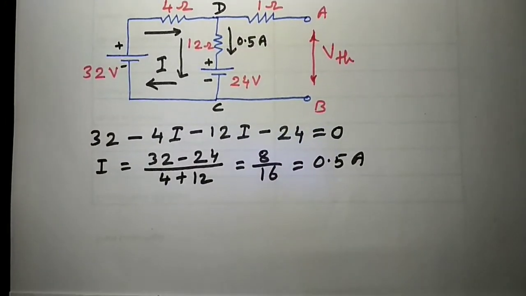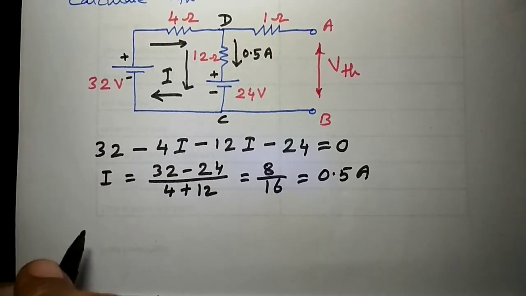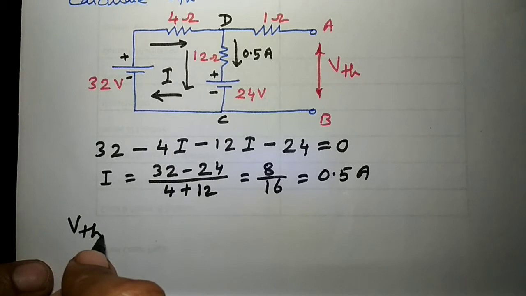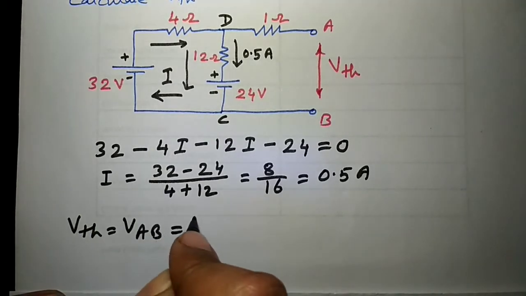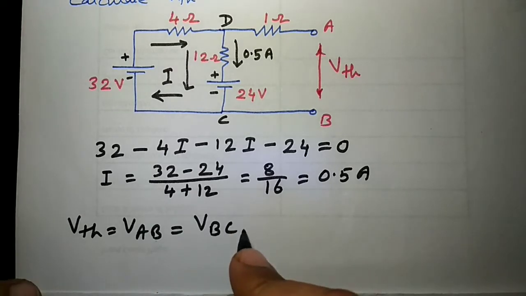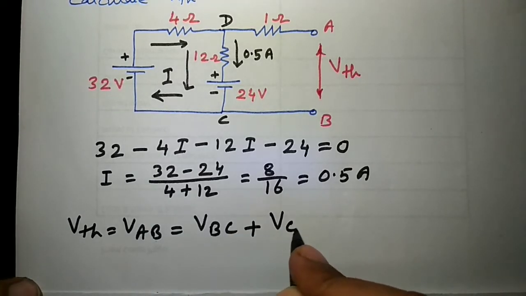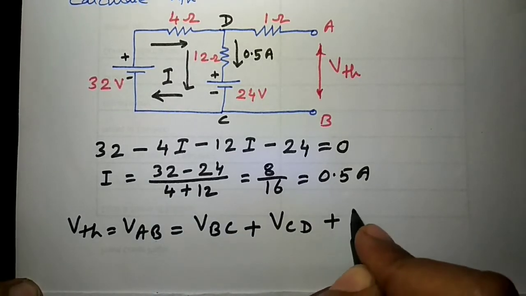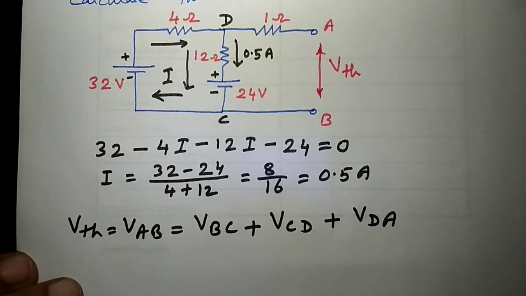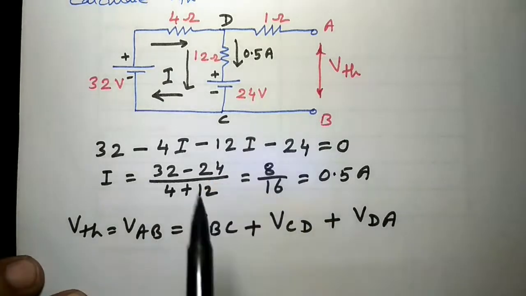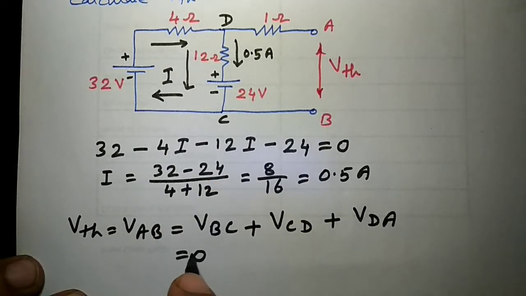Now the process of VTH calculation. VTH is the voltage across A and B, that is voltage across B and C plus voltage across C and D plus voltage across D and A. As we know, the voltage between B and C will be 0.